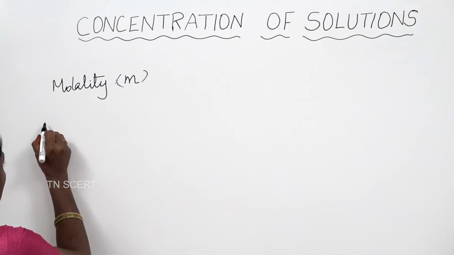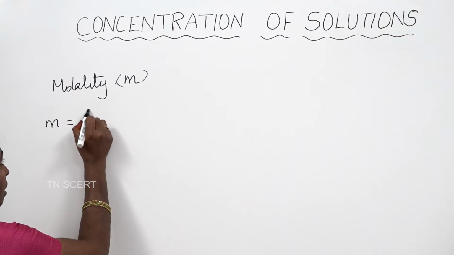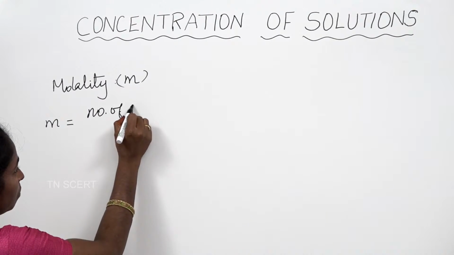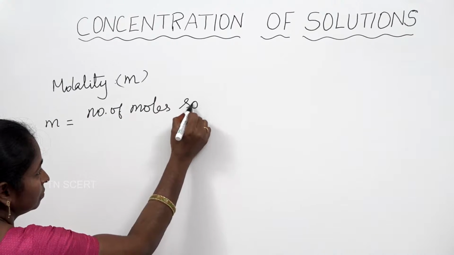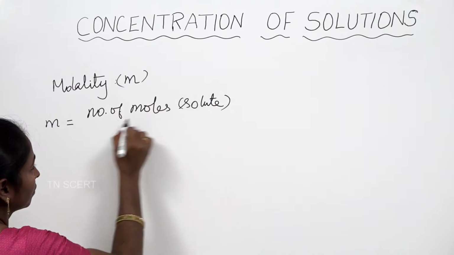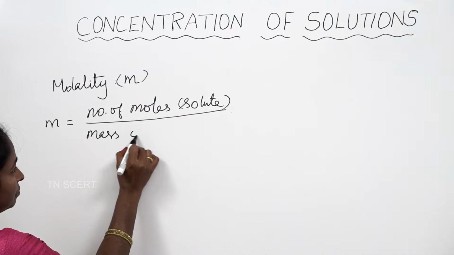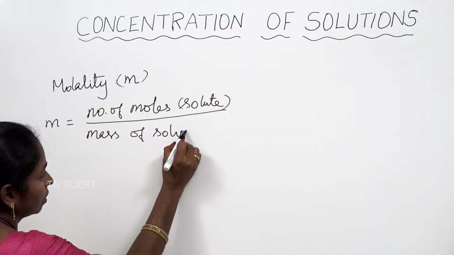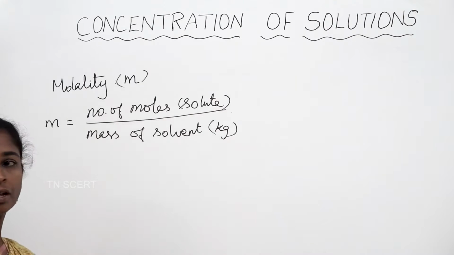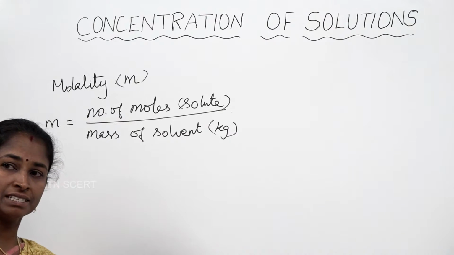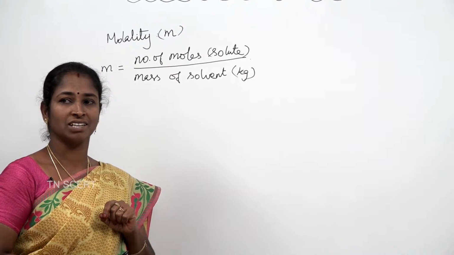So, by formula we can give it as molality is equal to number of moles of solute divided by mass of solvent. It should be in kilogram. So, molality can be expressed as number of moles of solute present in 1 kilogram of the solvent.